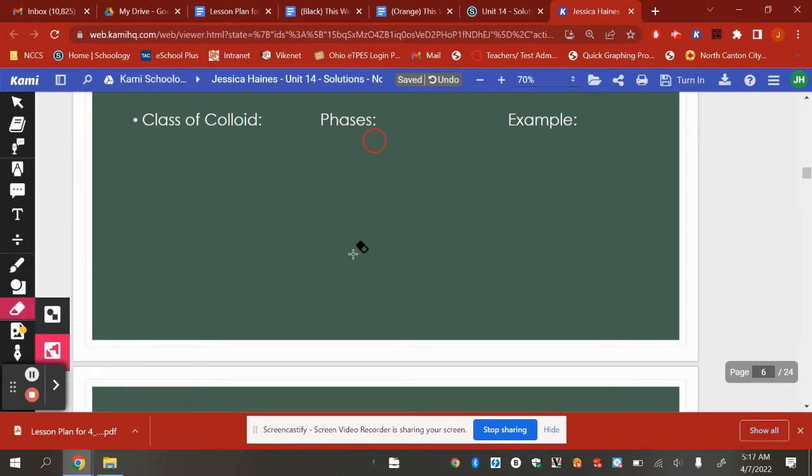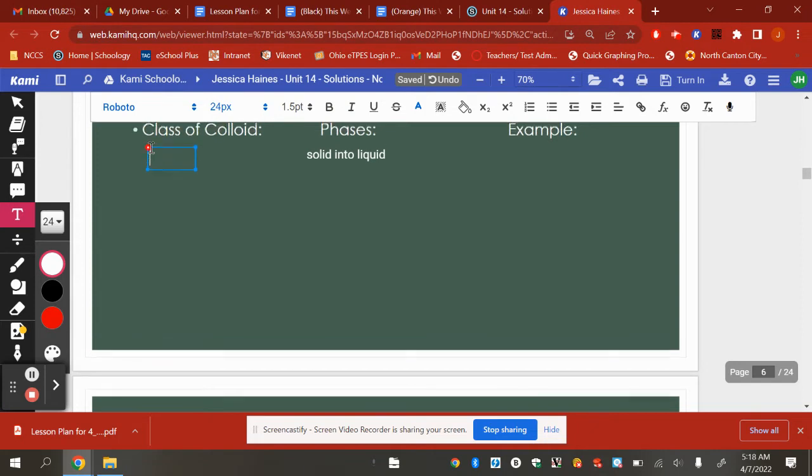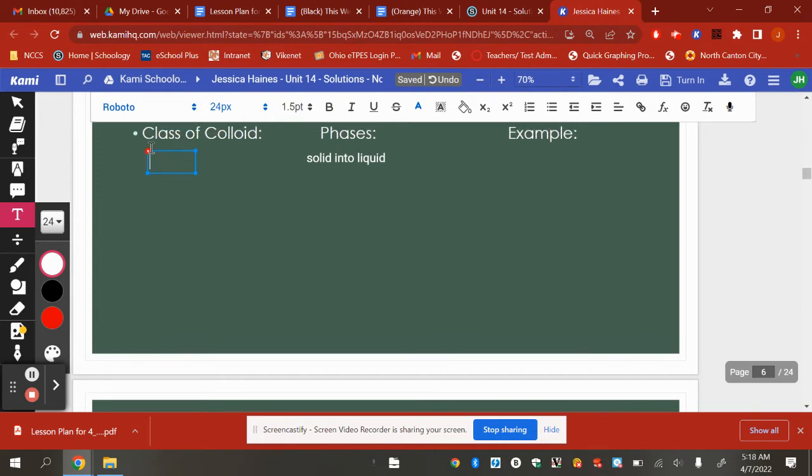Okay, so this class of colloid is called sol, S-O-L. That's the name of this colloid, where a solid solute is dissolved into a liquid.